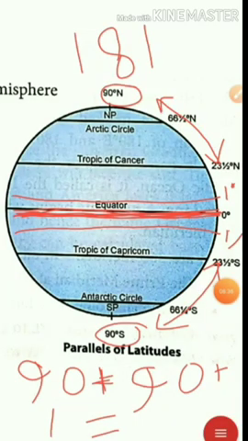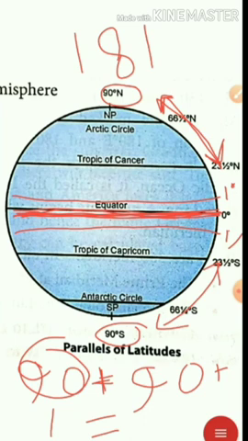So from 1 degree to 90 degrees north there are 90 latitudes, 1 degree south to 90 degrees south there are also 90 latitudes, and the equator is also 1 latitude. So in total 181 latitudes are present on the globe.